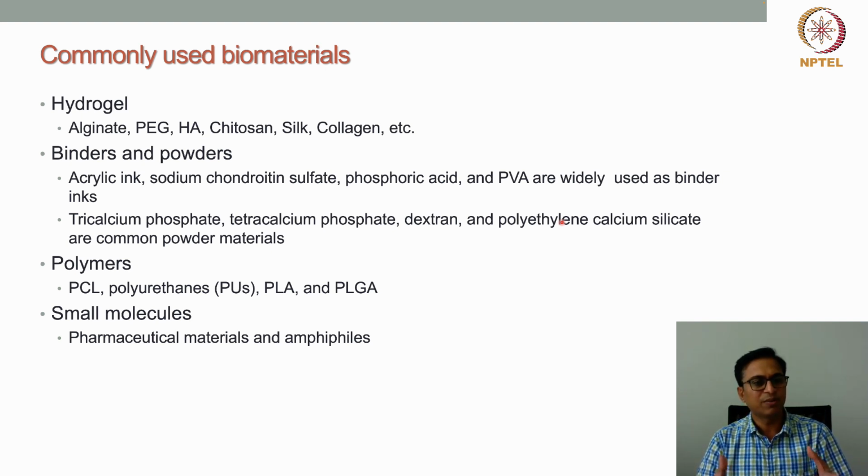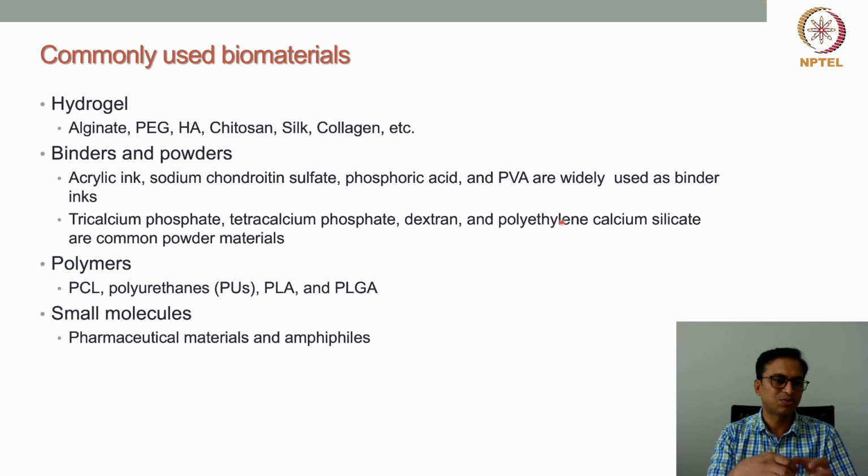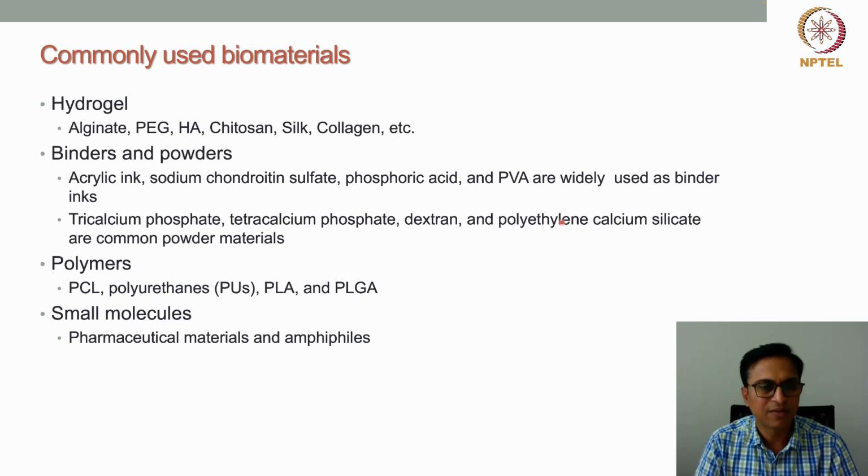Upon heating, these powders will get fused with each other, and the unbound powder after inkjet printing we can easily remove because it is loosely attached. And the bound structure, the structure that is built by these binders, can be heated up, and then we can get the final product.